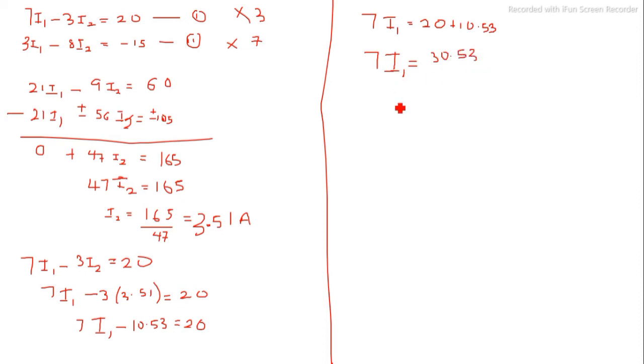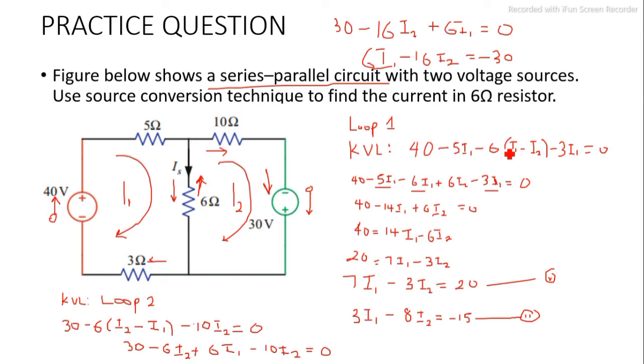So I1 equals 30.53 divided by 7, which is 4.36 ampere.